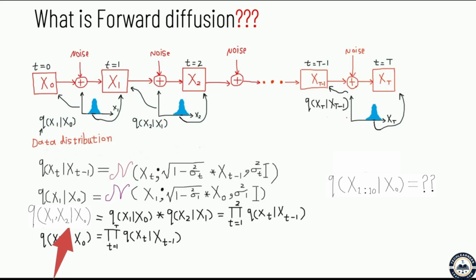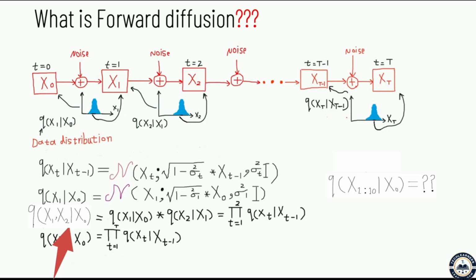Here is the most important thing. Let's say that we want to find the distribution of all possible sequences of x1 and x2 variables given x0. We call this distribution joint distribution, and this distribution will describe multiple variables. Here in this case, two variables, x1 and x2.